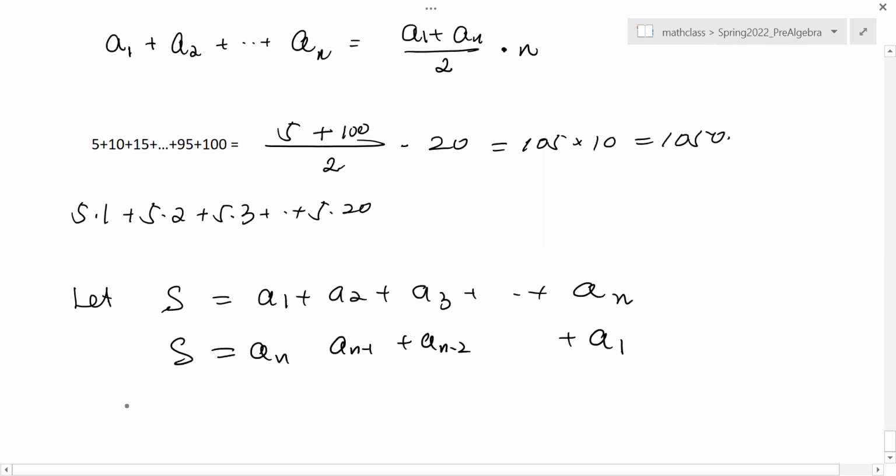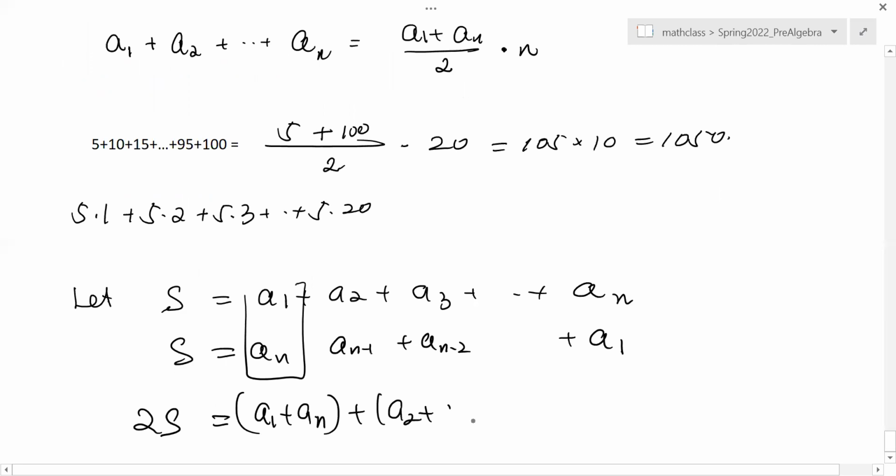Okay, then when you add them together, it's twice S, and you get A1 plus AN, and A2 plus AN minus 1. Because this is an arithmetic sequence, all of them have the same value.